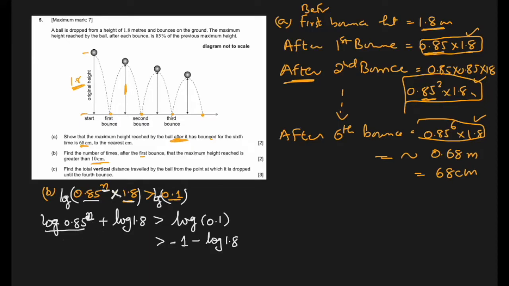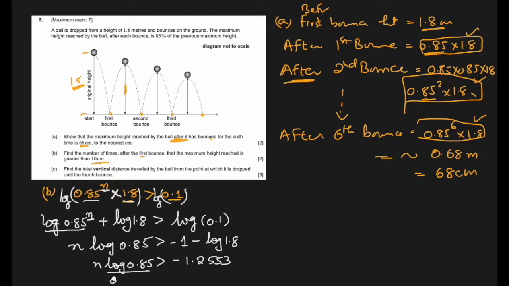The purpose of writing log was that this n should become a coefficient according to laws of logarithm. So it becomes n log 0.85, right? And now we can write this one is minus 1.2553, and n log 0.85.